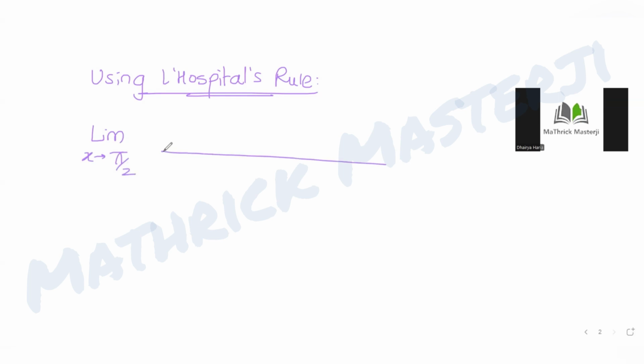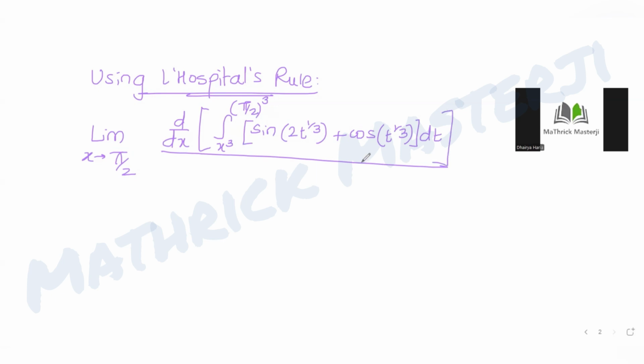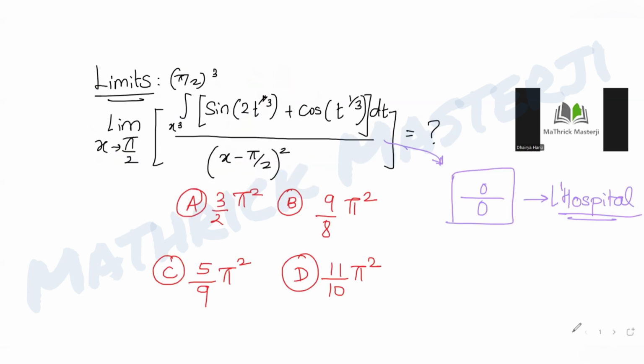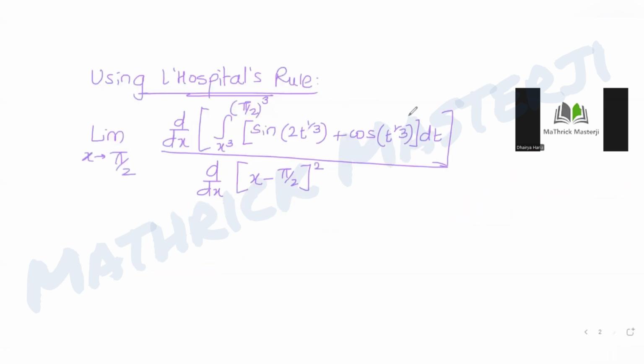When I apply L'Hopital's rule, I find the derivative of this integral, which goes from x cube to (pi over 2) cube of (sine of 2t raised to 1 over 3 plus cos of t raised to 1 over 3) dt. And further, I find the derivative of the denominator also, which is (x minus pi over 2) the whole square.